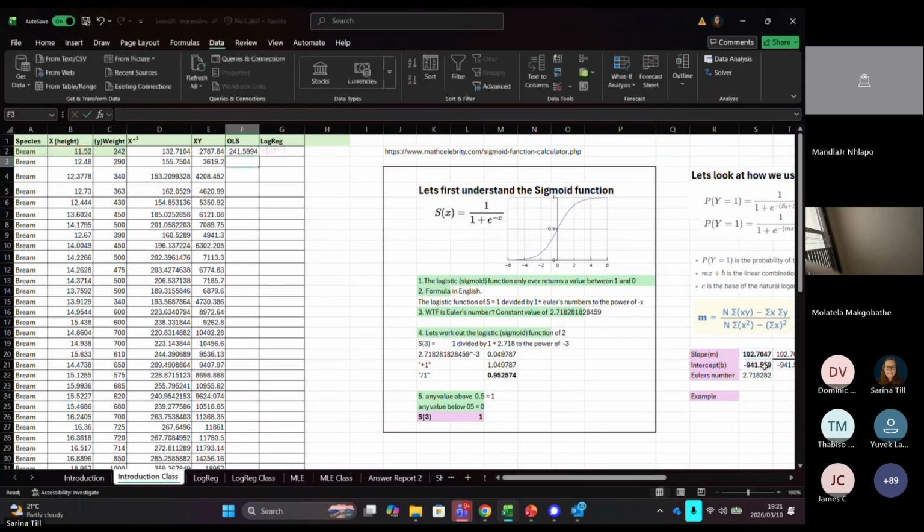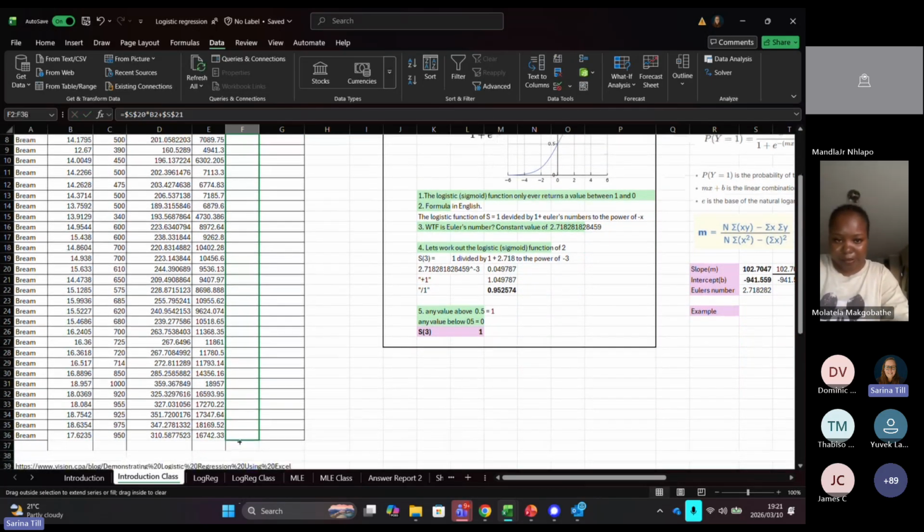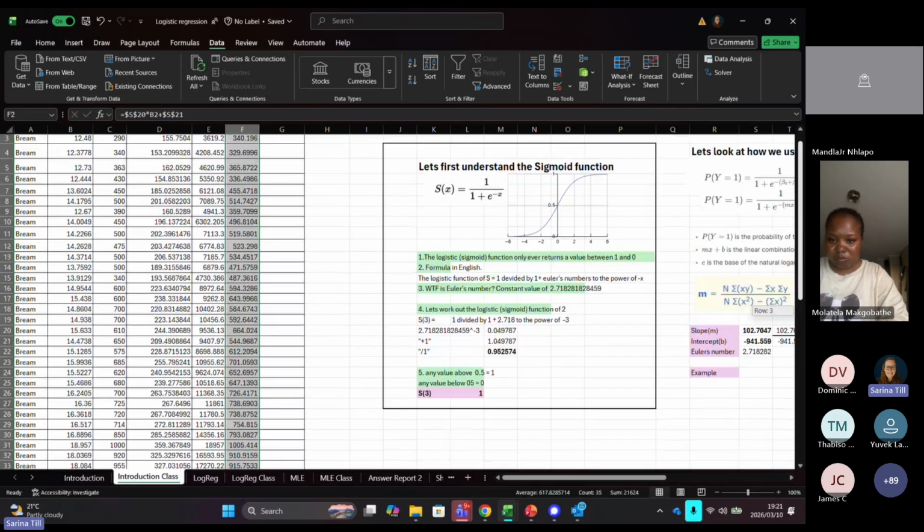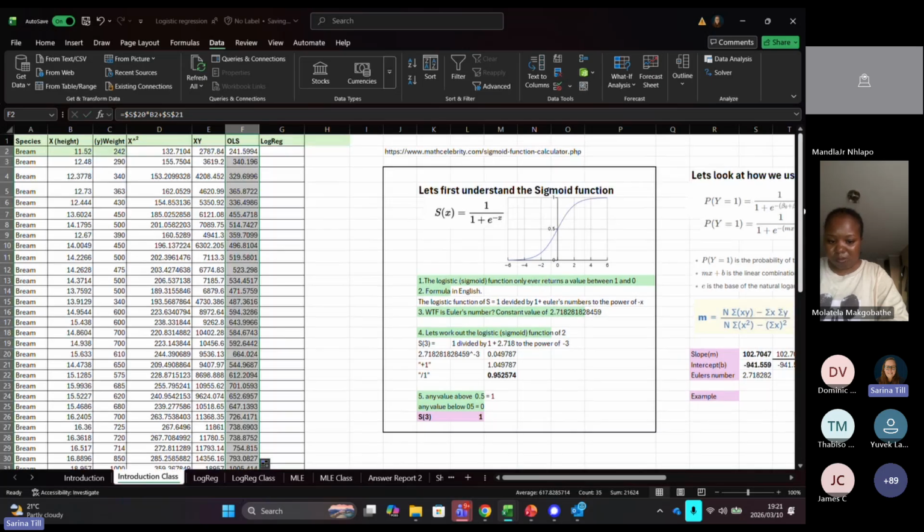Okay, then we're going to get our OLS score, and we can take this all the way down. You can read up on this, but I think we'll get to that in the next class.